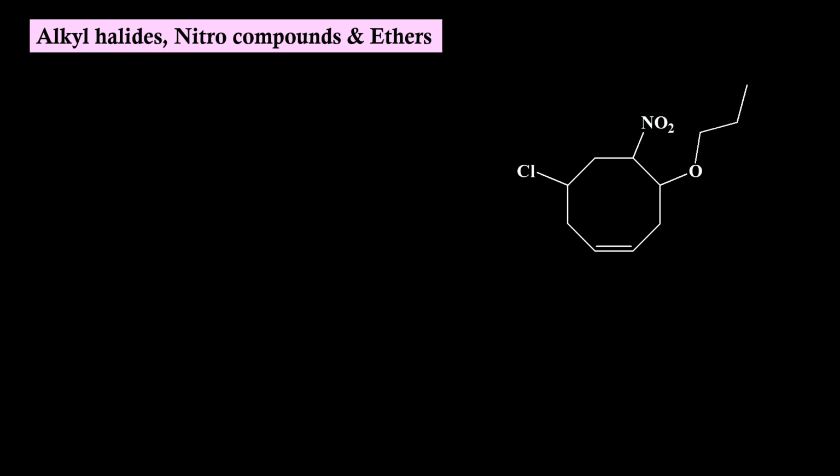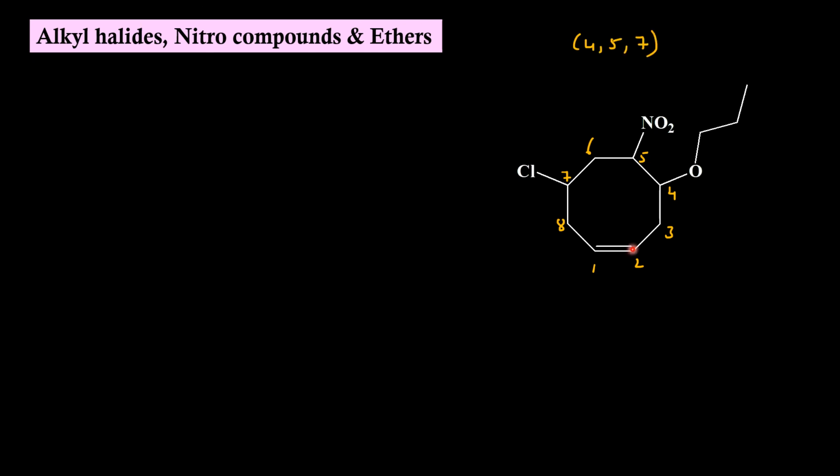In this molecule, we have alkyl chloride, nitro compound and ether. Along with that, we have a double bond. Whenever a double bond is present, it takes higher priority over the prefixes, so our double bond will take the lowest number. If we start numbering from this position, 1, 2, 3, 4, 5, 6, 7, 8, the locant set will be 4, 5, 7.